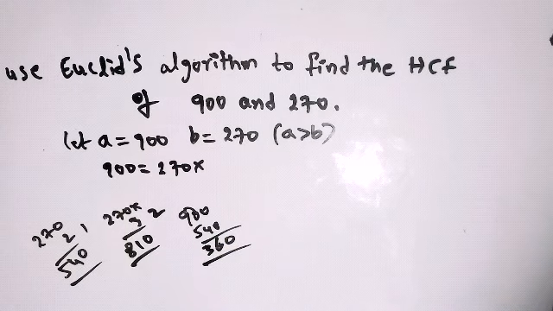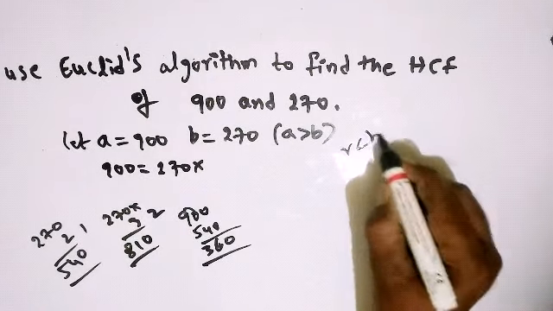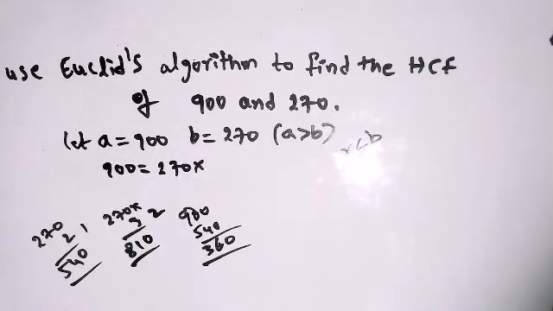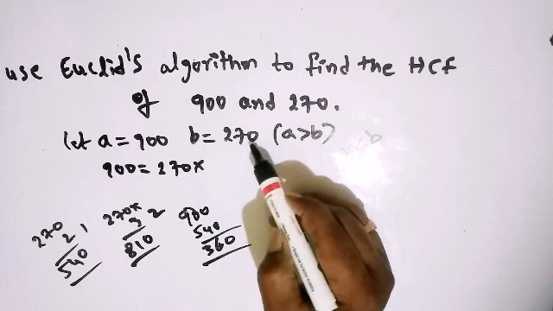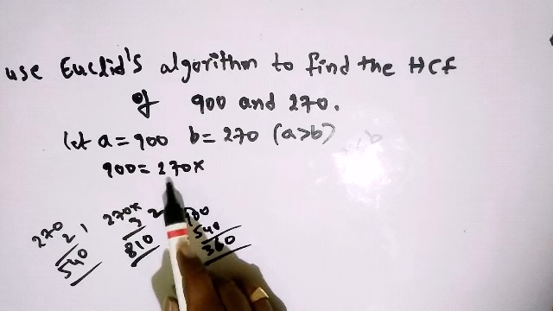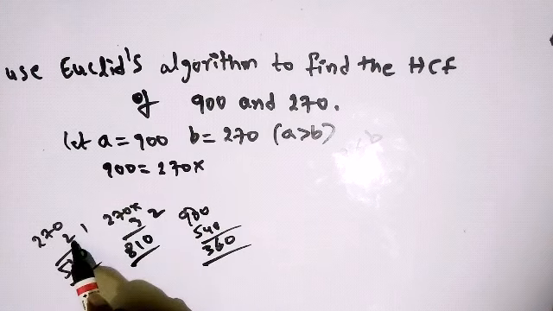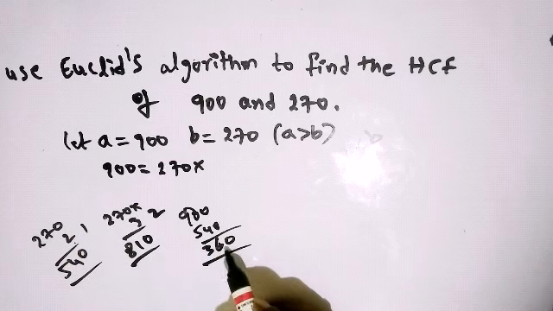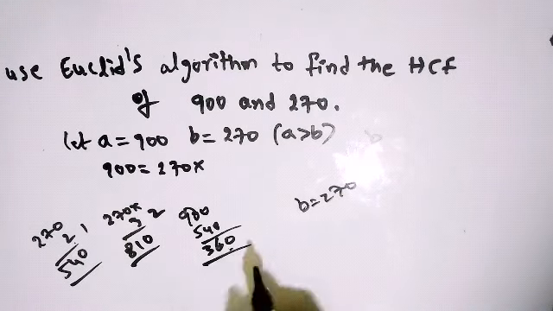What does Euclid's division lemma say? Always the R value is less than B. The value of R will be less than B. In this case, what is our B? B is 270. If you take 270 times 2, the remainder is 360.